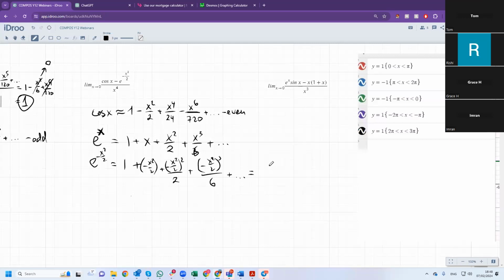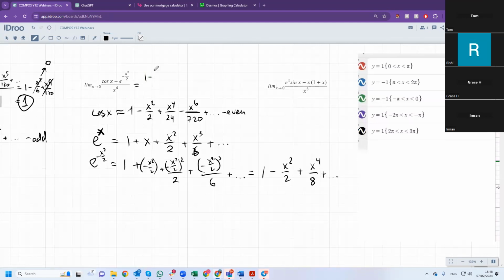And if we simplify that, this is going to be 1 minus x squared over 2 plus x to the power 4 over 8 plus etc. I'm gonna skip the rest because I got a feeling that I won't need to go further. And then divide by x to the power 4. So here you go, cos x.